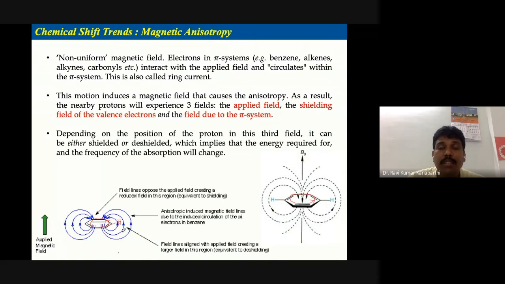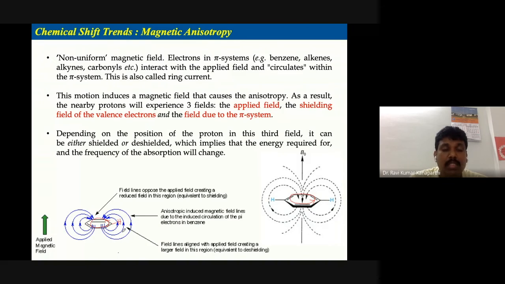One is the applied field strength, that is B0. The second one is the shielding field of the valence electrons. Please remember that a proton has one electron, and that electron is also in motion, therefore it creates one.